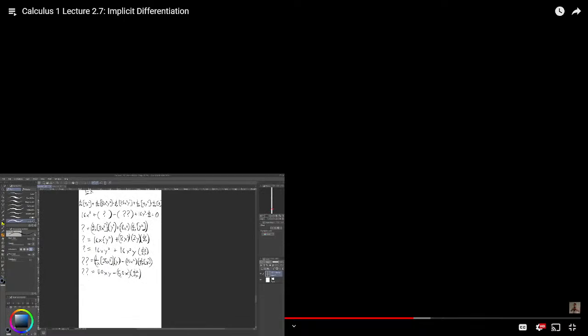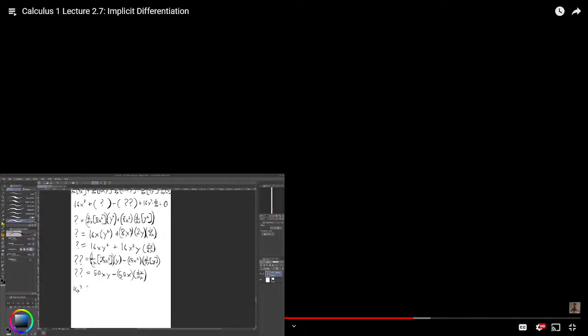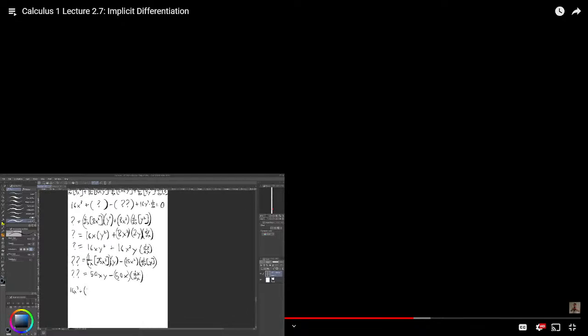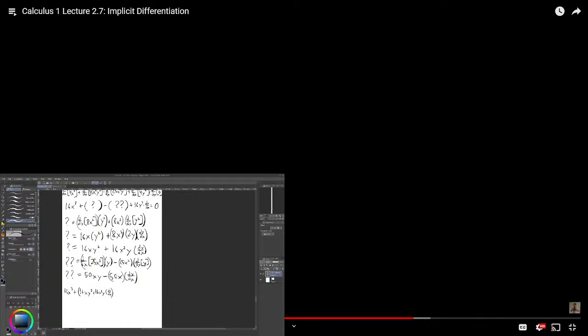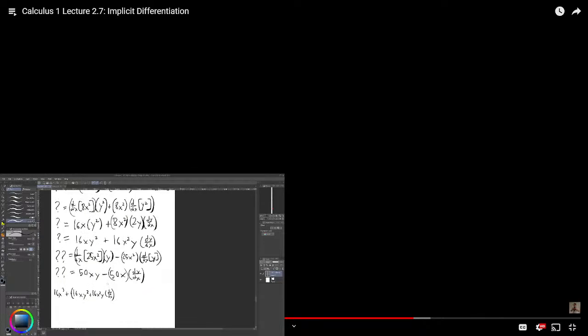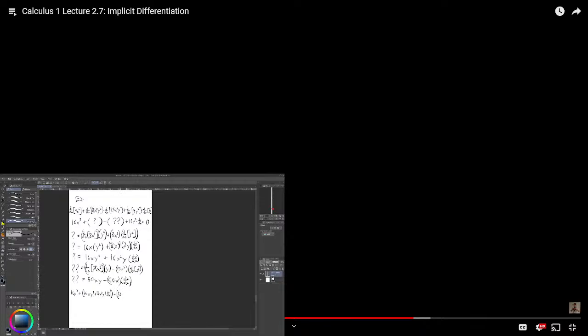Okay. And this whole thing, 16x cubed plus 16xy squared plus 16x squared y times dy/dx. Minus 50xy minus 50x times dy/dx.